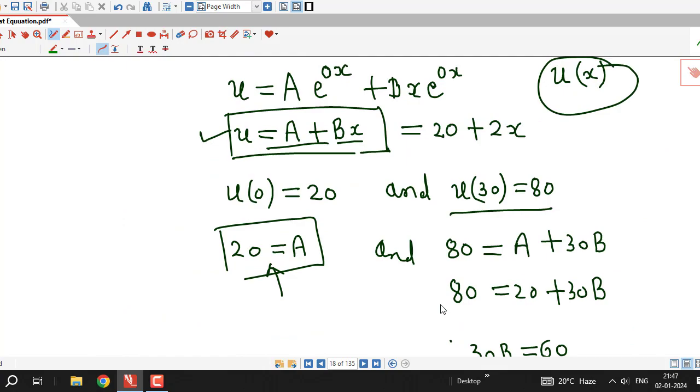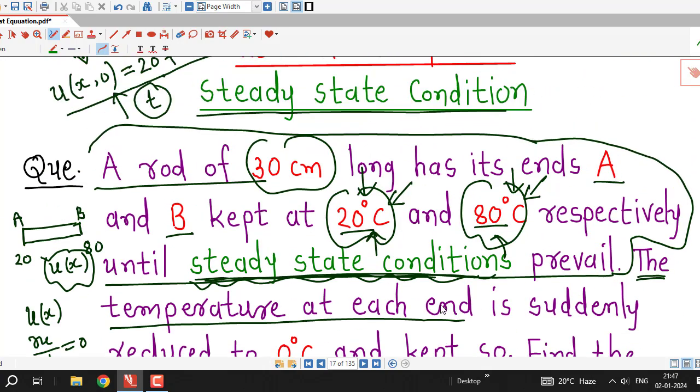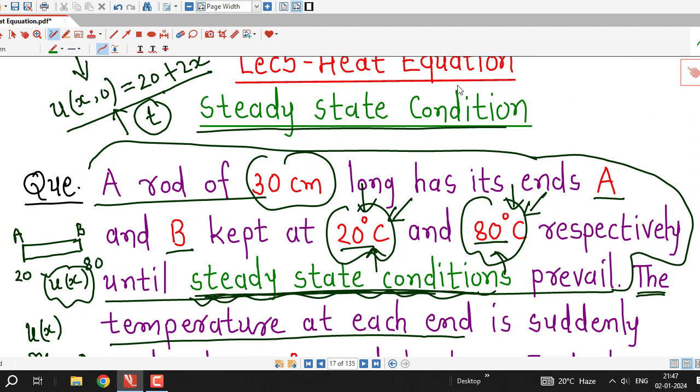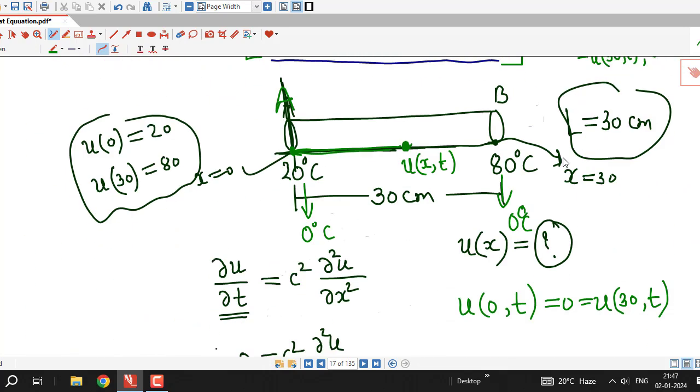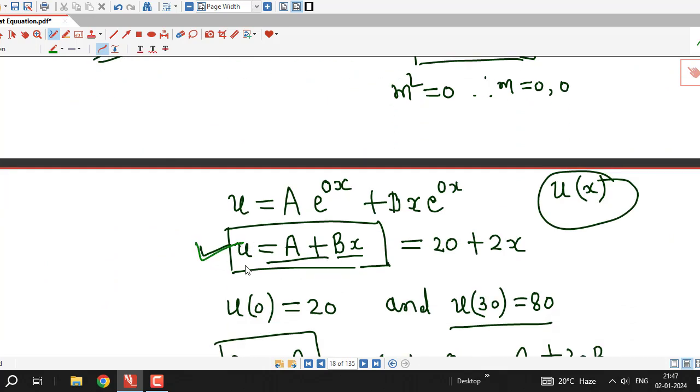The situation which is new here is that the initial condition is not given directly. But they have given what the temperature at the end points is during steady state, and using that information, that during steady state we must have del square u by del x square equal to 0, we obtain the solution during the steady state situation.